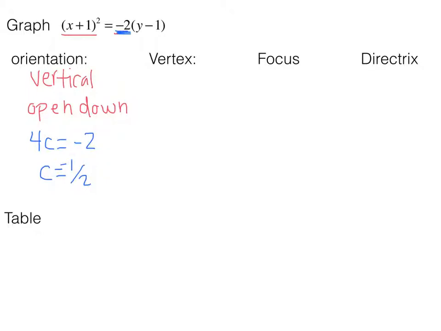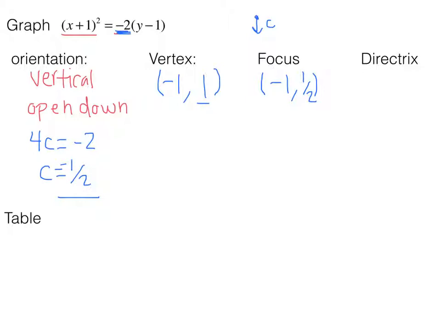The vertex is going to be negative 1, comma, positive 1. The focus: since we have a point of negative 1, positive 1, our focus is going to drop down the c value. So the x value stays the same, and we take away this 1/2 from the y value in the vertex, so we end up with negative 1, 1/2.